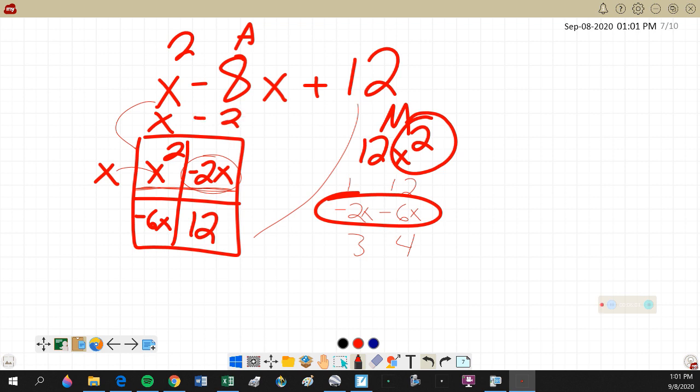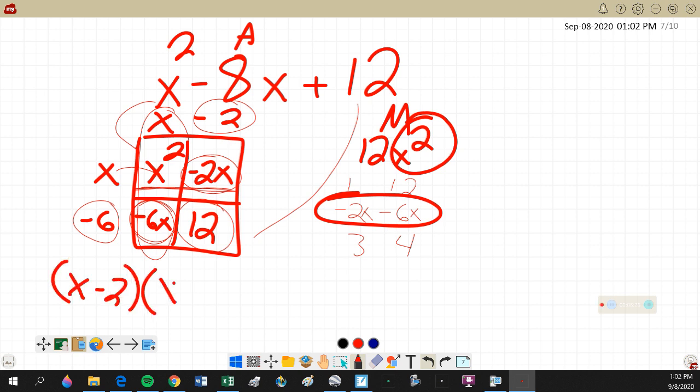Negative 2. And then I look at this column. If I take an x out of a negative 6x, then I have negative 6. And you can always check to see if you did it correctly by multiplying this number and this number to see if you get that number. And negative 6 times negative 2 is 12, so I did it correctly. Which means the factors are x minus 2 and x minus 6.